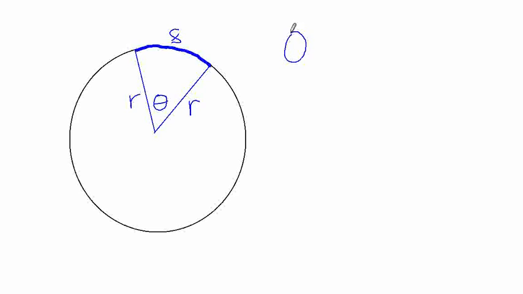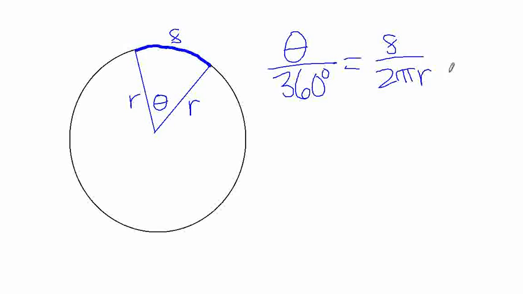So in other words, theta over 360, the fraction of the entire circle that corresponds to theta, is equal to the fraction that the arc takes up of the whole circumference. So that's equal to s over 2 pi r. See that?